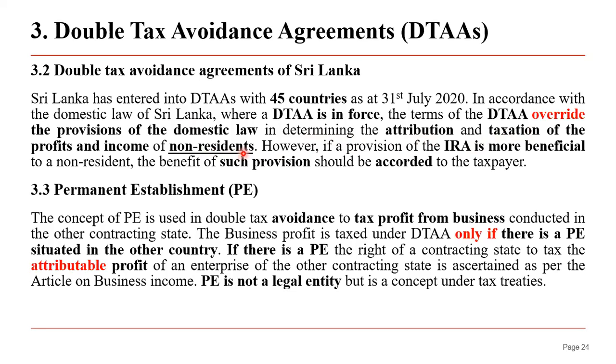If the domestic law is 14% and the DTA is 10%, we can apply 10%. That's it. Then they are overriding the local law, that is the Inland Revenue Act number 24 of 2017. The domestic law, right?